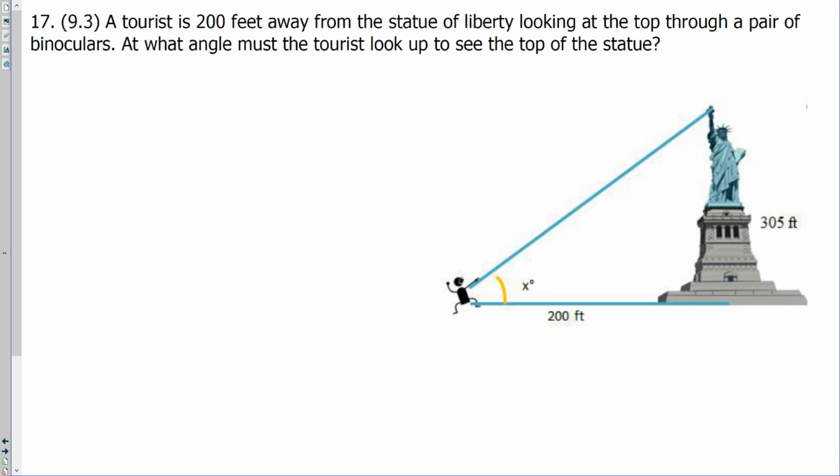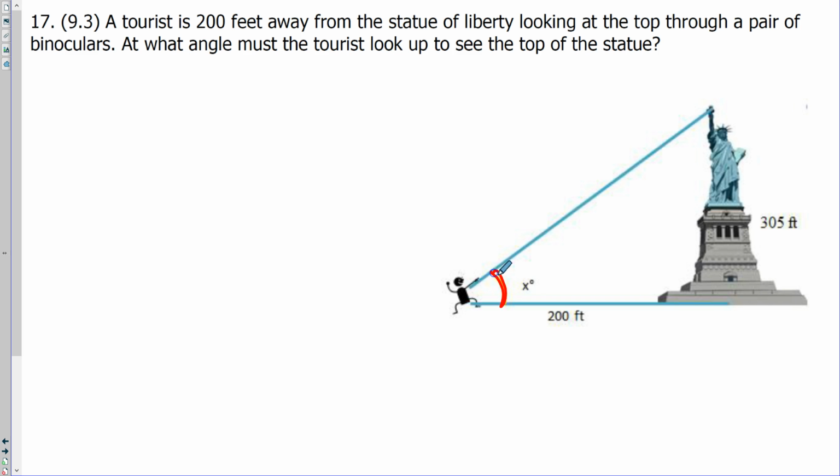Number 17 also comes from our section 9.3, the triangle section. Here we have a tourist that's 200 feet away from the Statue of Liberty looking at the top through a pair of binoculars. And we want to know at what angle must the tourist look up to see the top of the statue. So they gave us a triangle picture here.